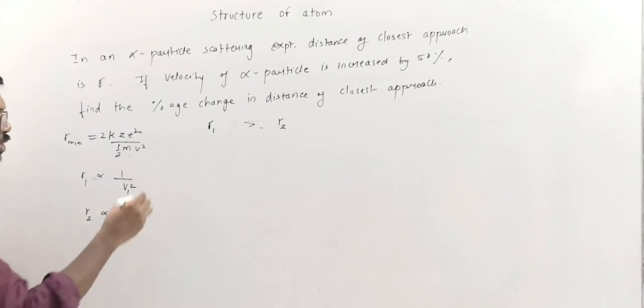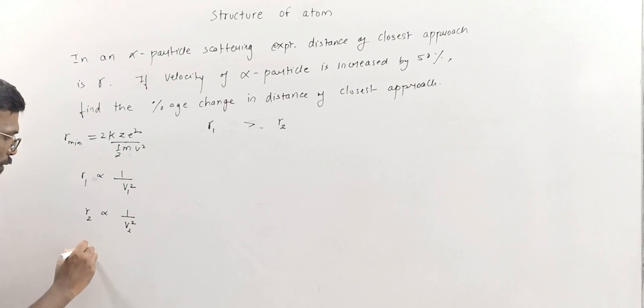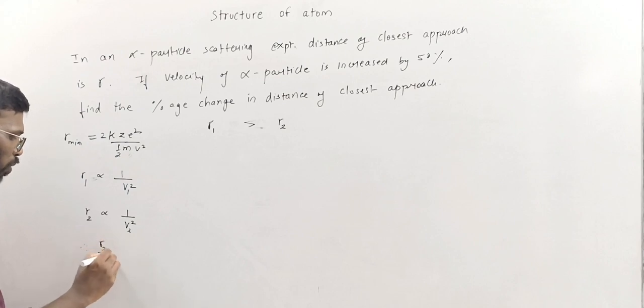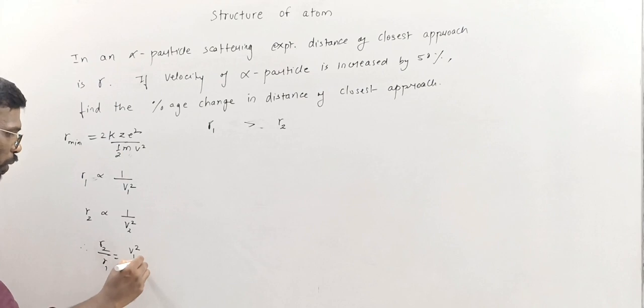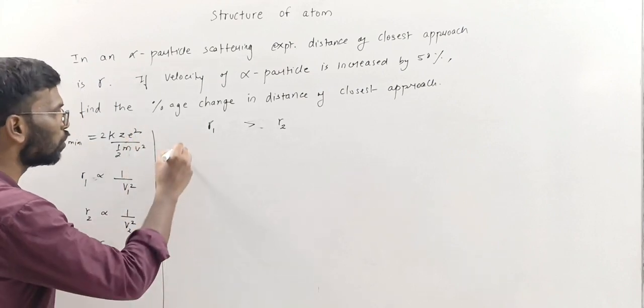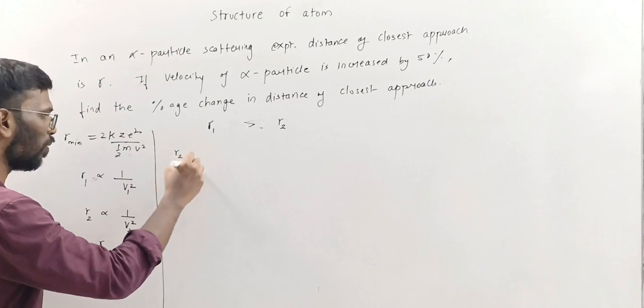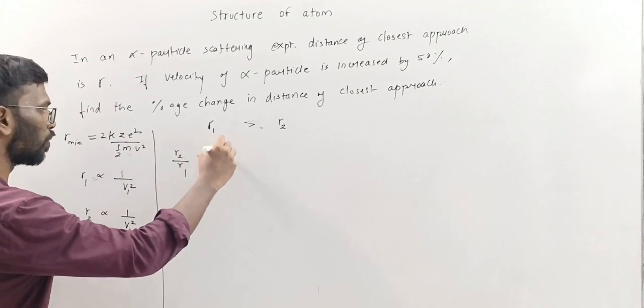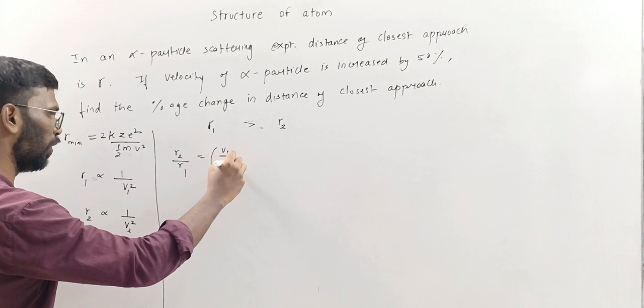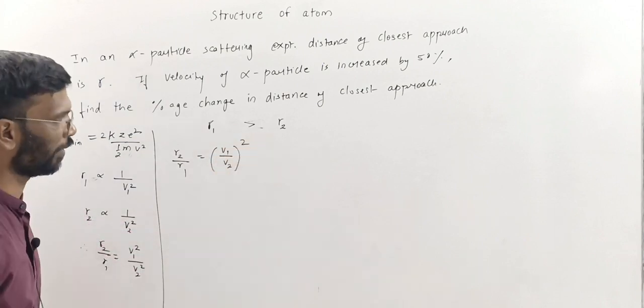We can say this relation. Therefore r2 by r1 is equal to v1 by v2, the whole squared.